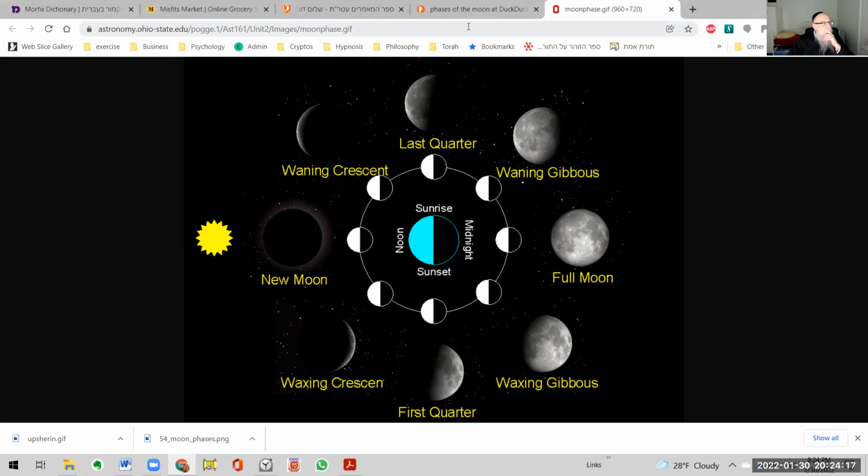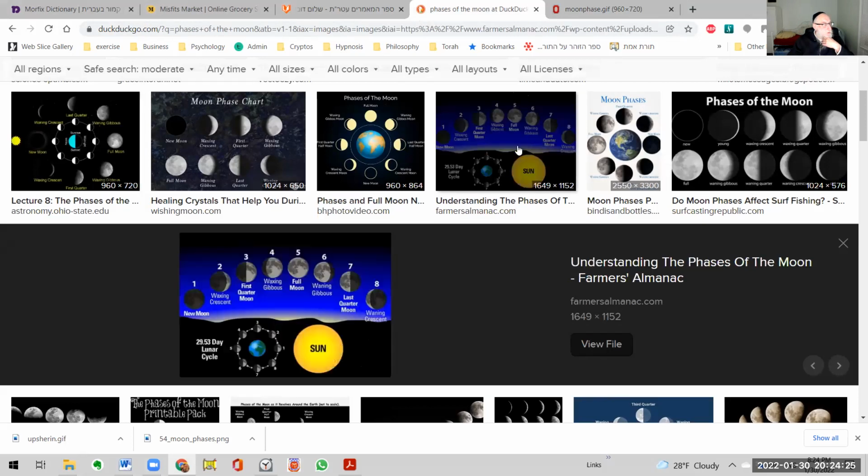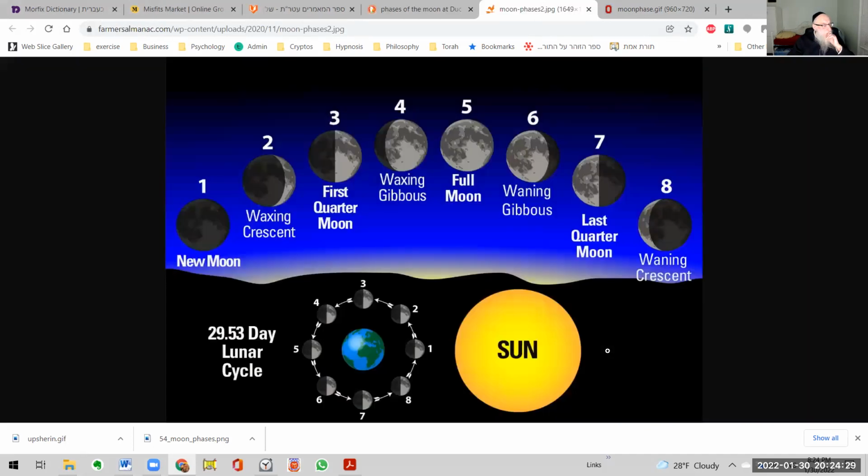I'm sorry, this particular picture here is, yeah, this is the right one. This is correct. Okay. What was correct about it, you'll soon find out. And what was incorrect about the previous one, they had the waxing crescent the wrong way.